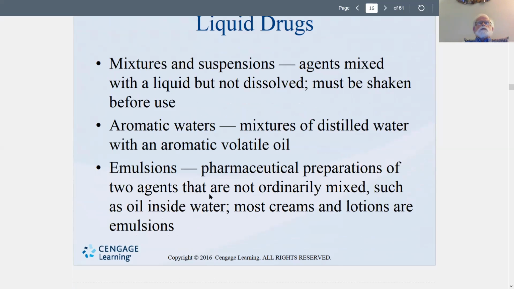They should always, in a pharmacy, have a label that says shake before using, because they'll settle out. Then you have a layer of liquid that has very little drug, and a layer of mud in the bottom, which has all the drug. So we shake them thoroughly before we use them.